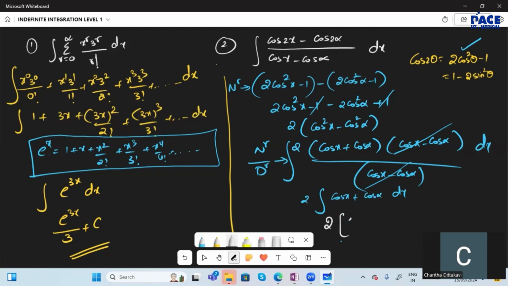So it is nothing but 2 sin x plus, and here cos alpha, alpha is a constant. It is not a variable there, isn't it? So cos alpha is a constant. Hence, it is nothing but cos alpha into 1. 1 integration is nothing but x. So there is nothing but x cos alpha plus c. So this will be your answer there. Clear at that?